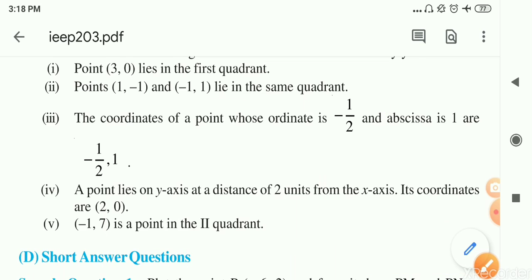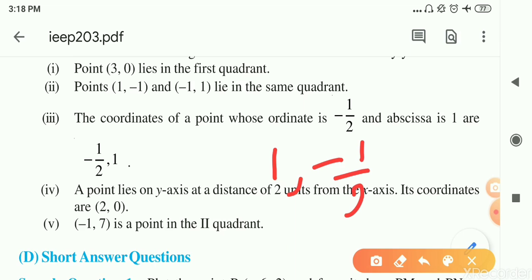Let us read the next. The coordinates of a point whose ordinate is -1/2 and abscissa is 1 are... As you know, abscissa is always written first and thereafter we write the value of the ordinate. So according to this, the coordinates should be (1, -1/2).